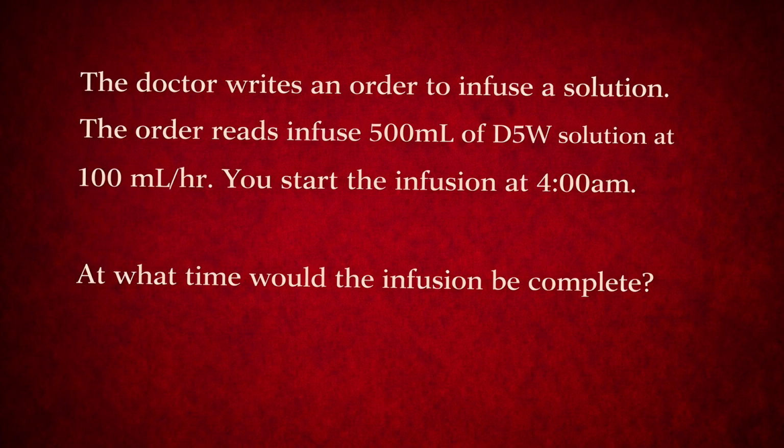The doctor writes an order to infuse a solution, and the order reads: infuse 500 milliliters of dextrose in water solution at 100 milliliters per hour, and you start the infusion at 4 a.m. What time will the infusion be complete?